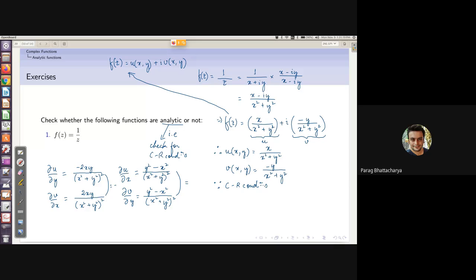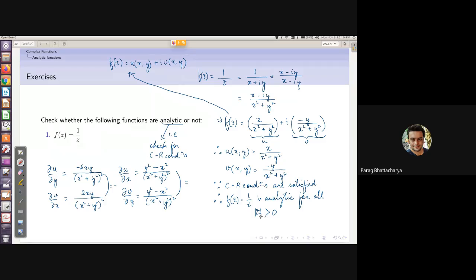Hence, and therefore, f of z equals 1 by z is analytic for all z.